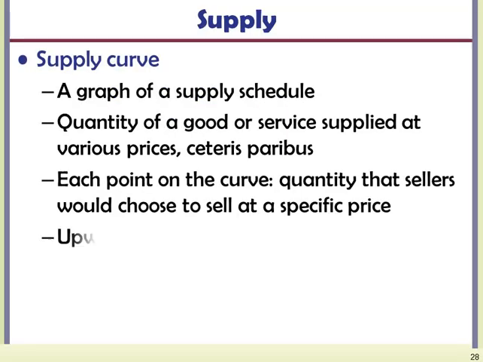Okay? Next, the supply curve or the graph. Sa graph na yan, makikita natin yung different quantity of goods or services supplied at various prices. Again, the supply is dependent on the price. So, each point of the curve is the quantity that sellers would choose to sell at a specific price. So, upward sloping.